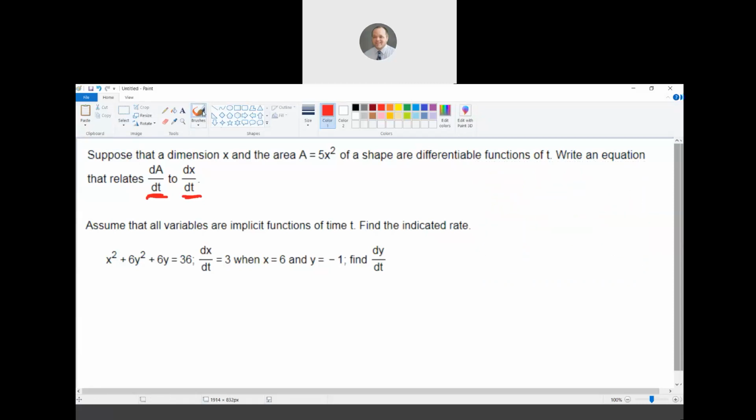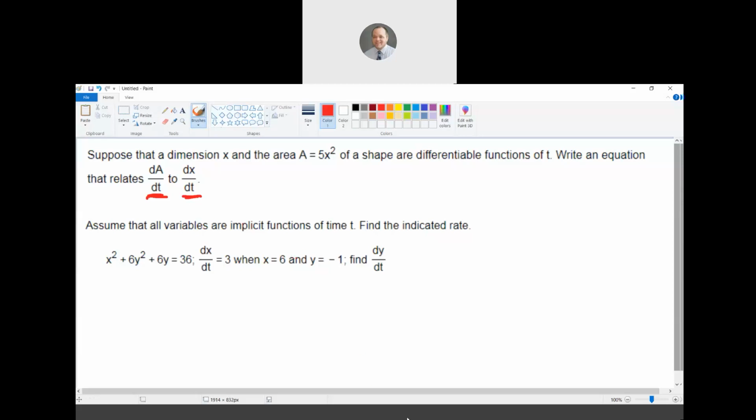We're given x squared plus 6y squared plus 6y equal to 36, and also dx over dt is equal to 3. In other words, the change in x with respect to time is 3. When x is equal to 6 and y is equal to -1, find the rate at which y changes with respect to time, or dy dt.